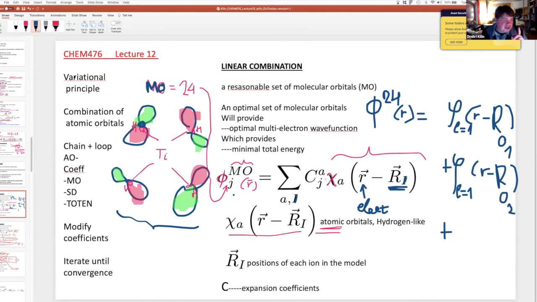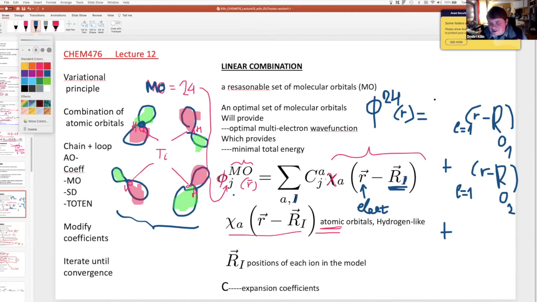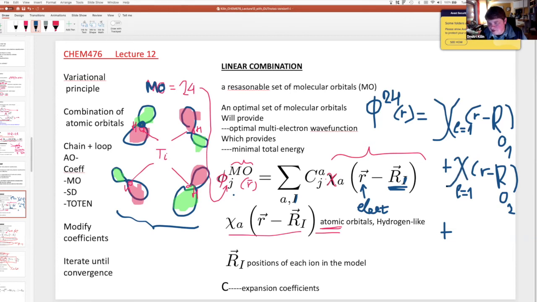I apologize. I missed my own notations. I'll quickly fix it. I should use the letter chi. Sorry for any confusion.